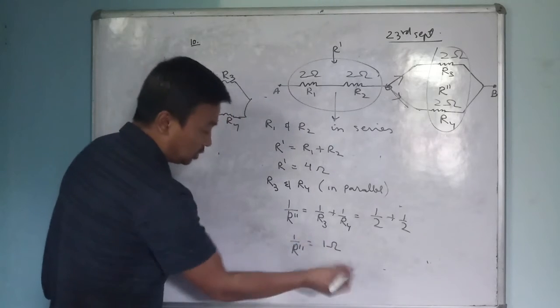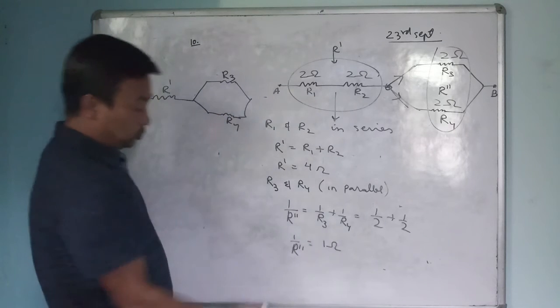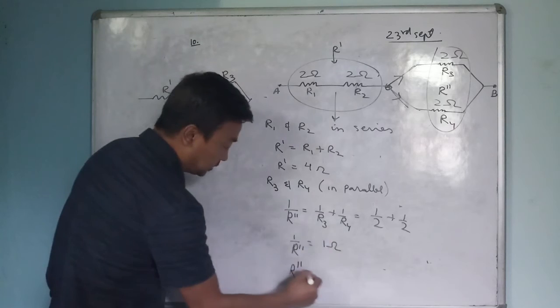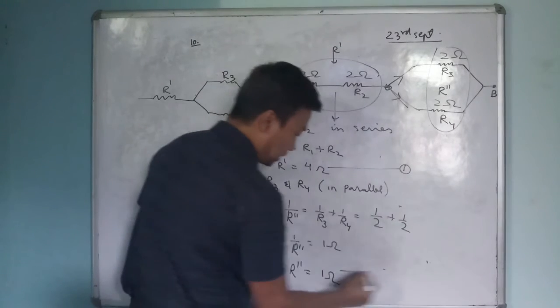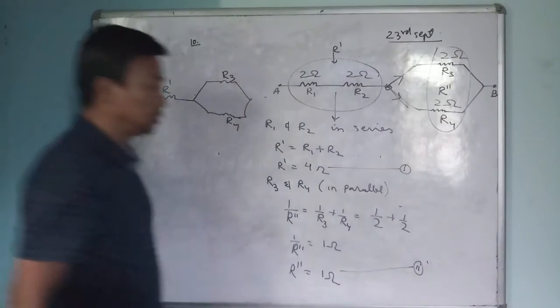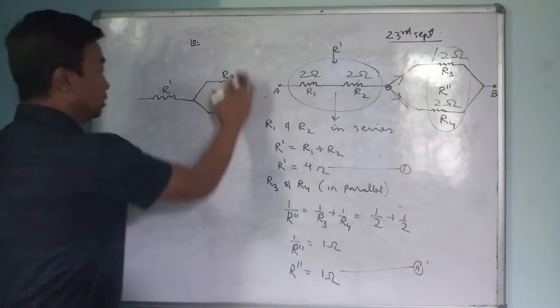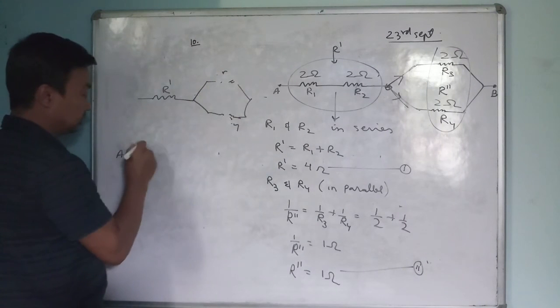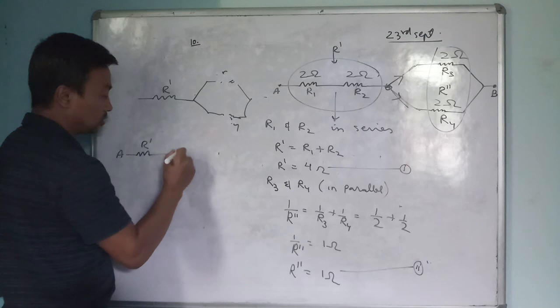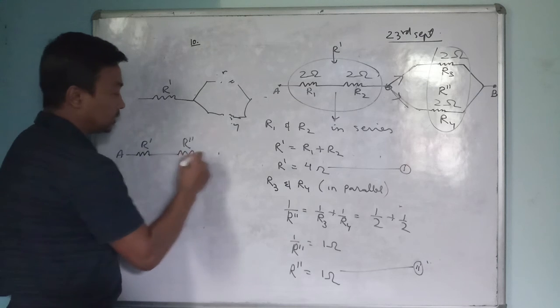If you reciprocate, you will get R double dash as 1 ohm. So this is your R dash and this is your R double dash. So now this 2 is also reduced, and finally we get R dash, R double dash, between A and B.